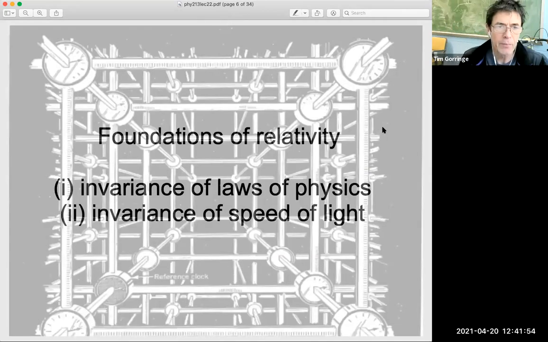Okay, so now I want to talk about the foundations of relativity. We've introduced the concept of the reference frames. And as I say, there's two of them: one is invariance of laws of physics, and two, invariance of speed of light.